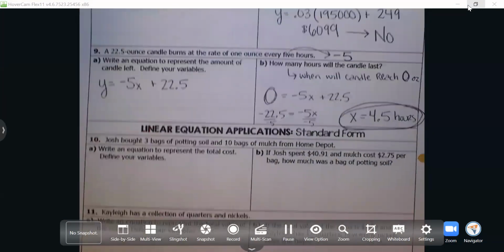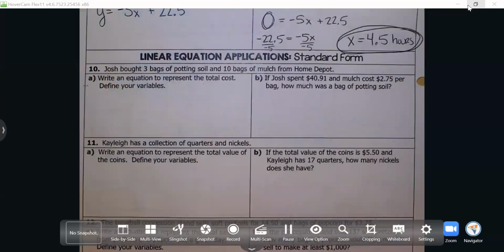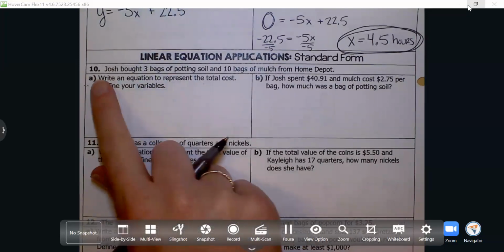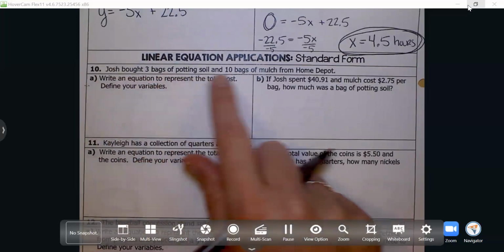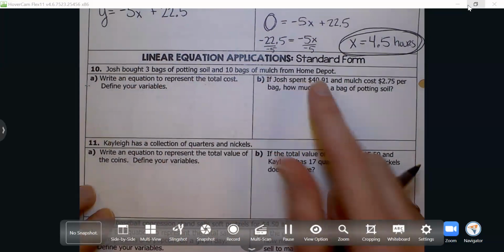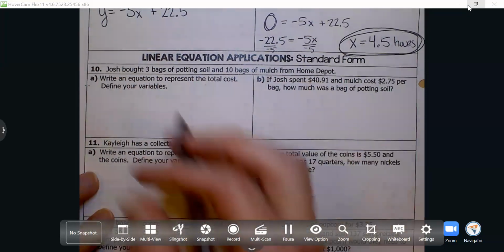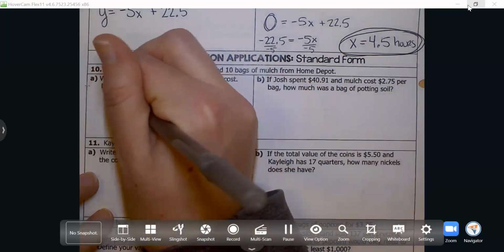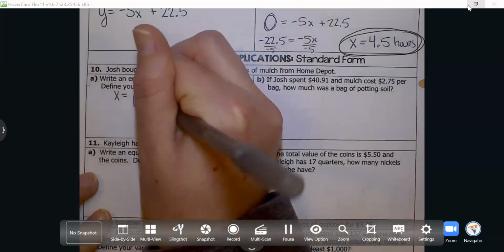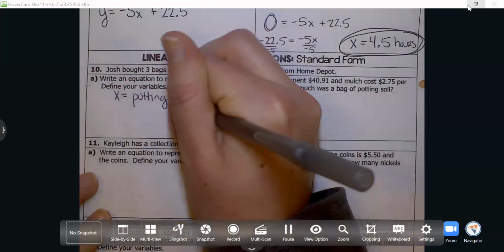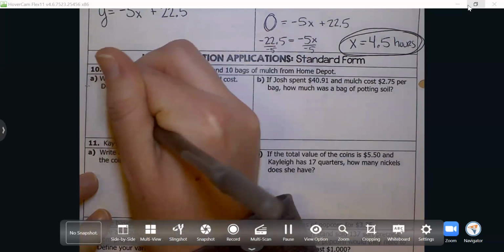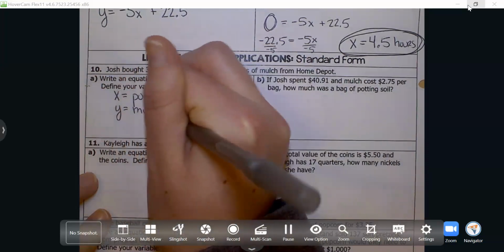All right, let's do some in standard form. Josh bought 3 bags of potting soil and 10 bags of mulch from Home Depot. So I'm first going to talk about my variables. I'm going to have X be my potting soil, and Y is going to be my mulch.